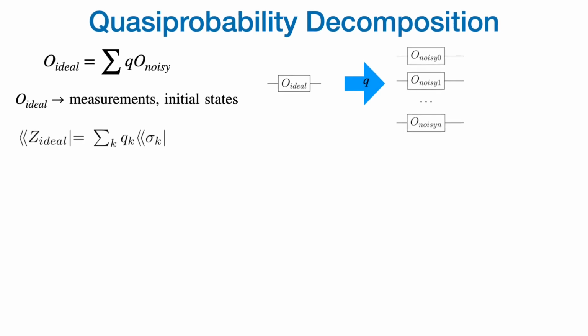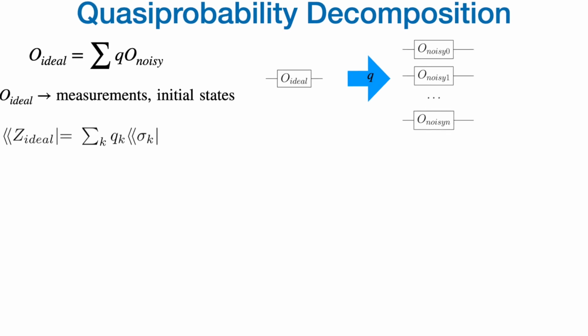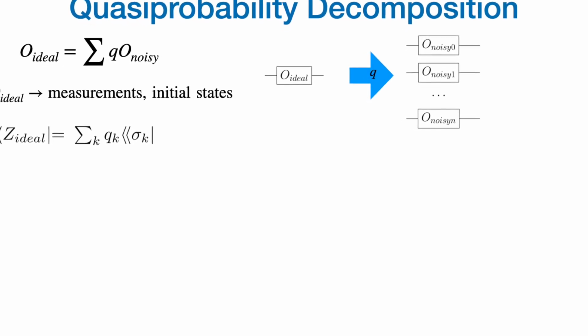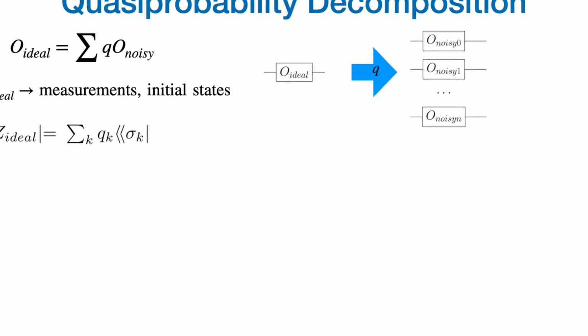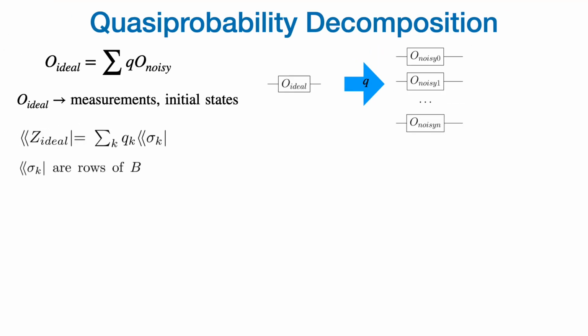Say we want an ideal Z measurement. We can decompose this ideal Z into noisy measurements we could implement in a noisy device, like this. Here, sigma k are rows of B. Each row of B is a noisy measurement basis, and q_k are elements of the vector q_B.